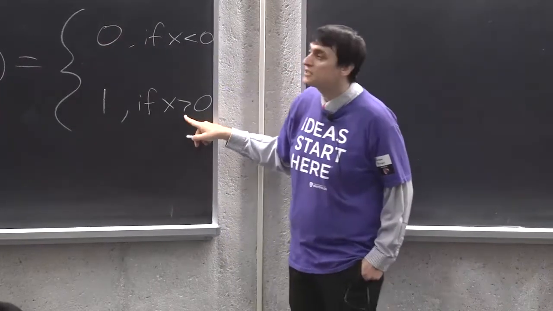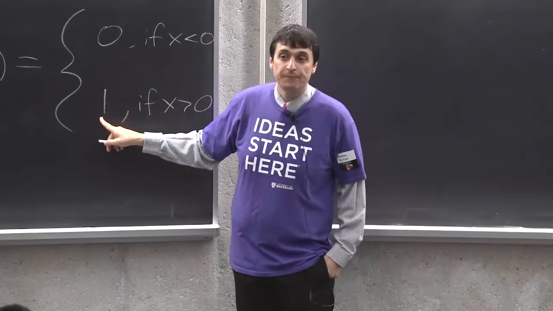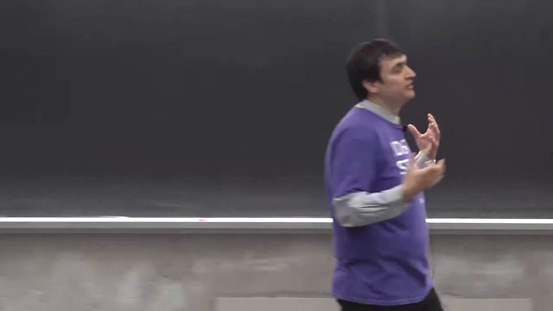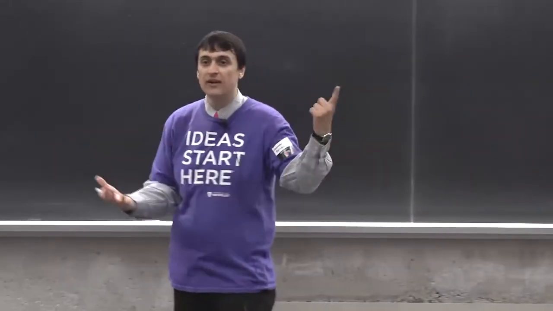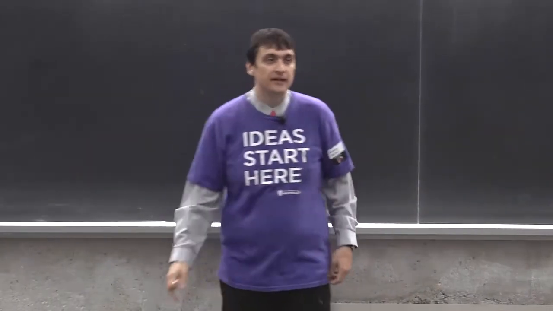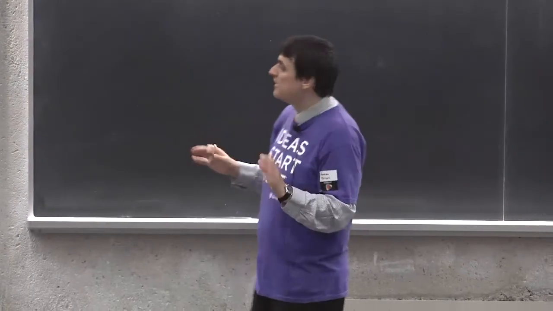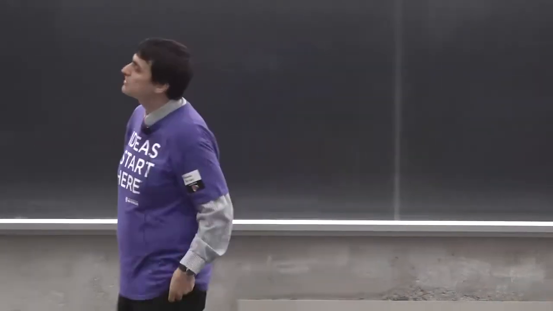If you input a positive number, if x is greater than 0, then the output is 1. So it takes an input and it looks at it and it goes, is this positive or negative? And then once it determines the answer, it spits out the result, which is 1 if the input is positive and 0 if the input is negative. So it's a bit of a sign, as in plus or minus signs, detector. Okay? So it spits out 0 for negative numbers and 1 for positive numbers.